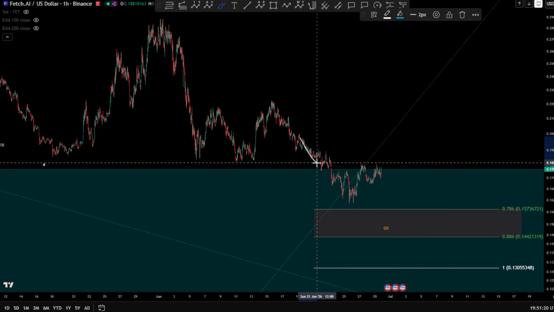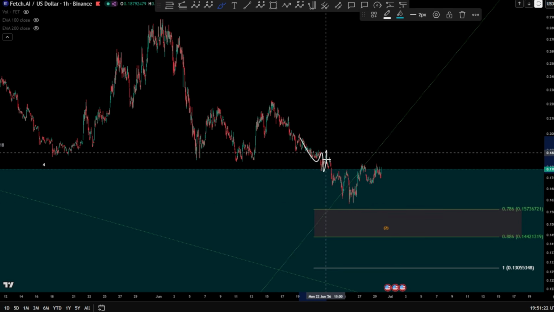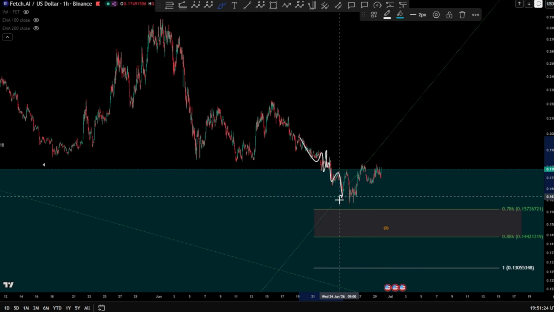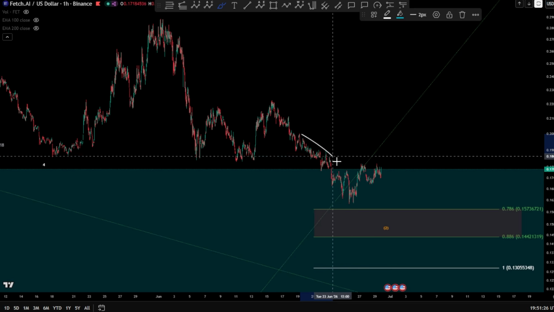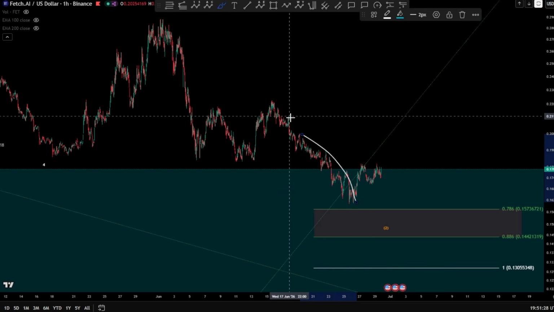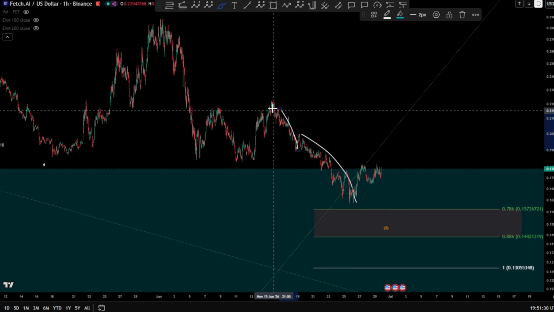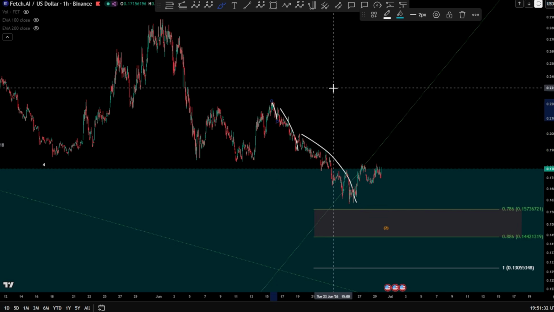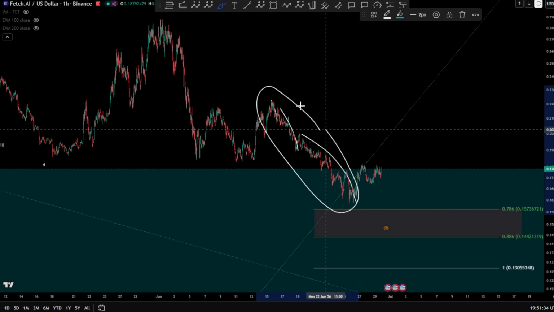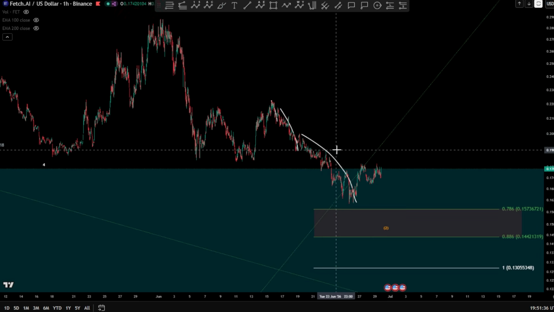So you have a large wave one, A, B, C, wave two, and then 1, 2, 3, 4, and a 5 for wave three, 4, and a 5. So your wave 5 is very extended. Your wave three is short, and your wave one is shorter than the wave three. Still an impulse, despite that a lot of overlapping happening with there.